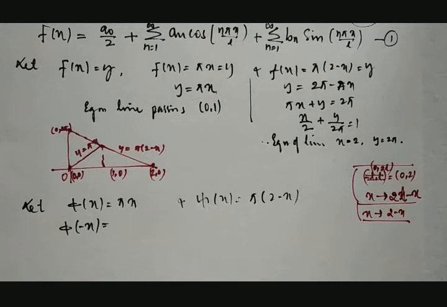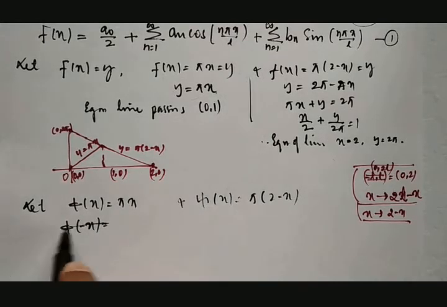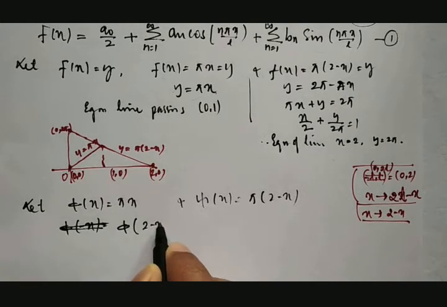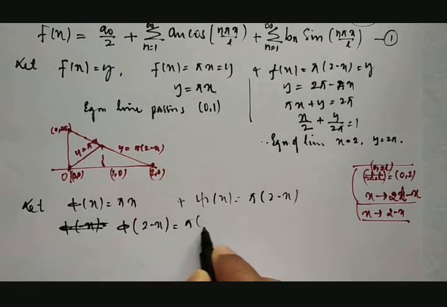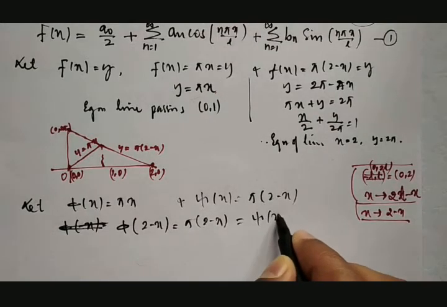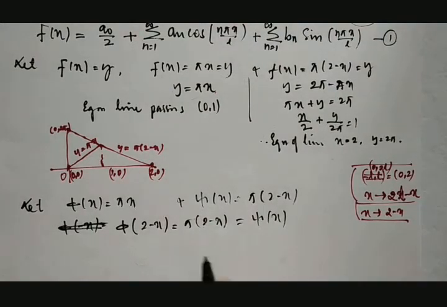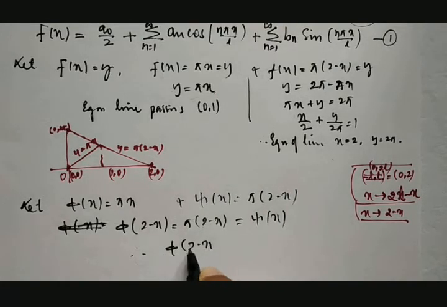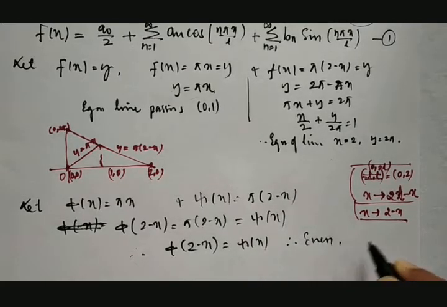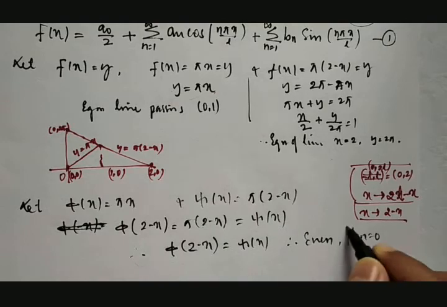Therefore, phi of x will be replaced by 2 minus x. So it is pi into 2 minus x, and it is exactly the same as psi of x. Therefore, phi of 2 minus x is equal to psi of x. Therefore, the function is even and bn is equal to 0.